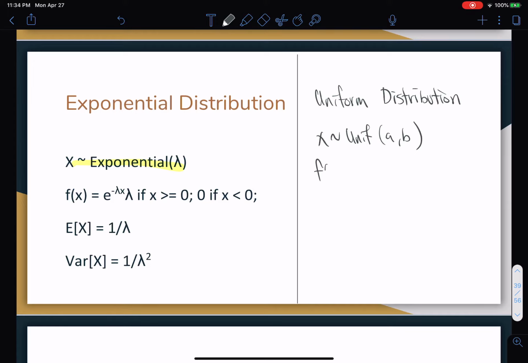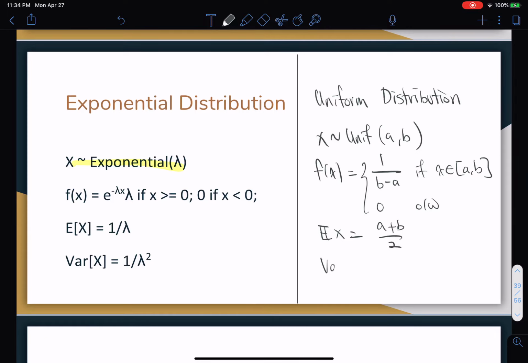And f of x, again, is uniformly distributed, so we get 1 over b minus a if x is in a and b, and 0 otherwise. And the expectation of x, again, you uniformly sample it between a and b, so you expect it to be in the midpoint. And the variance of x, you can calculate this, and it's very exciting: b minus a squared over 12.